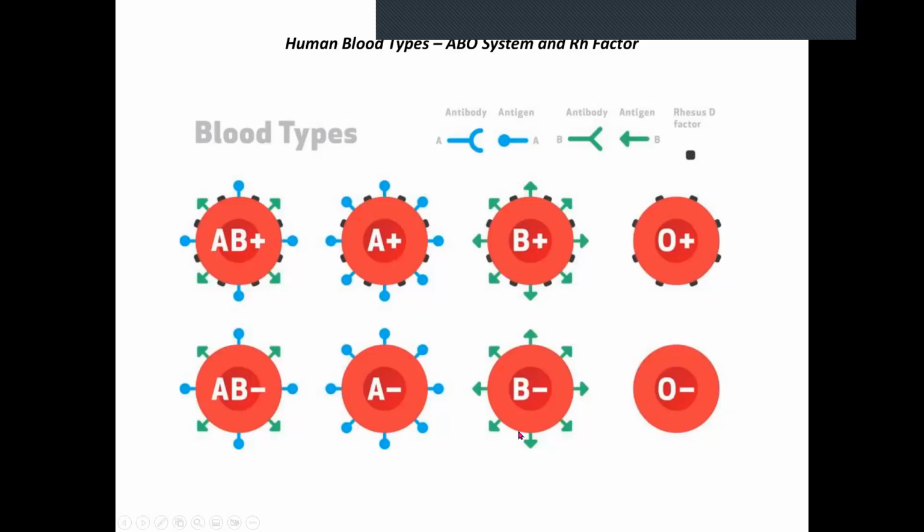By the way, there are other blood types as well, but this is the main one. Now, if you're an AB positive, that's a really good one to have, because if you need blood, you can accept blood from everybody because you've got all these molecules on your surface.